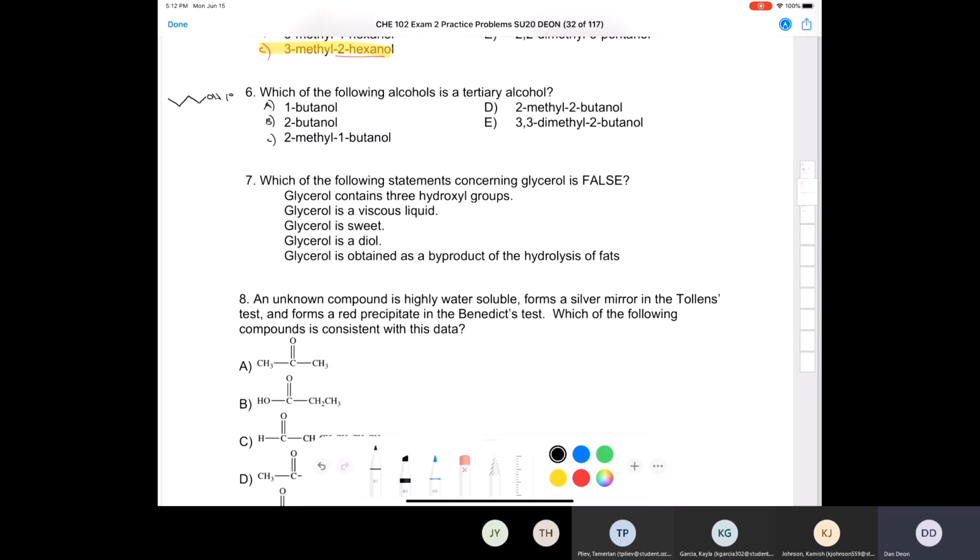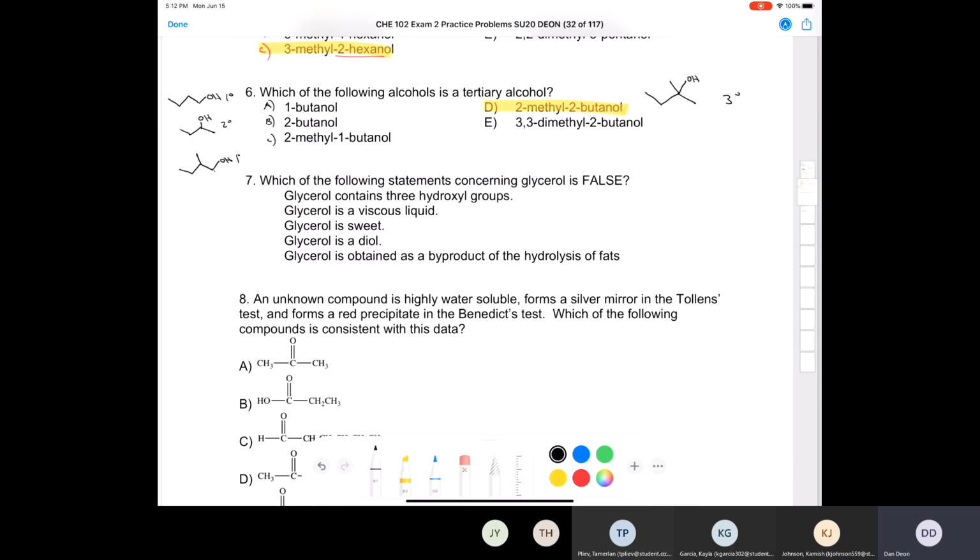So this is primary. 2-butanol, which you probably already know, is a secondary alcohol. 2-methyl-1-butanol would be 1, 2, 3, 4, 1-butanol with a 2-methyl. That's a primary. D is 2-methyl-2-butanol. If we have 2-methyl-2-butanol, this is a tertiary alcohol. So this one must be the correct answer.